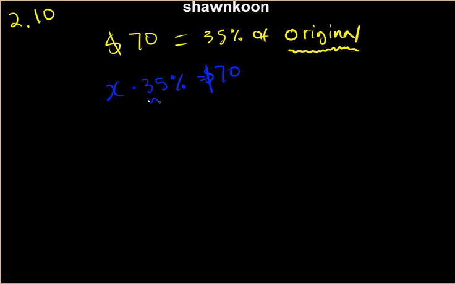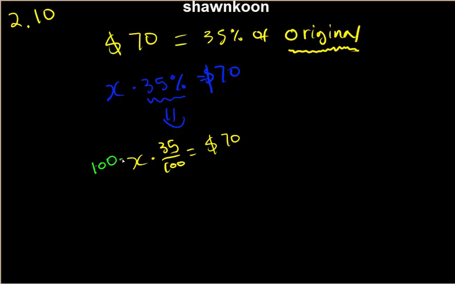So we have to change this 35% into a fraction in order to solve this question. So x times 35 over 100, because 35 over 100 is the same thing as 35%, equals $70. So what do we have to do? We multiply by 100 first to get rid of the 100 on the bottom of the fraction.